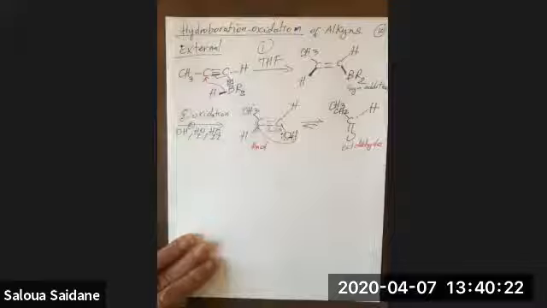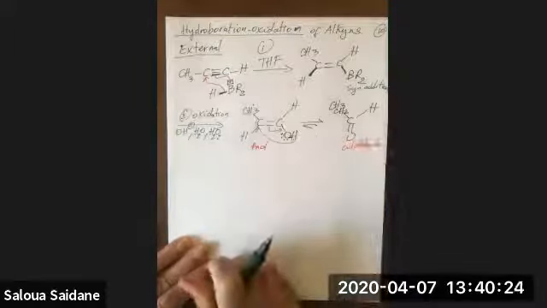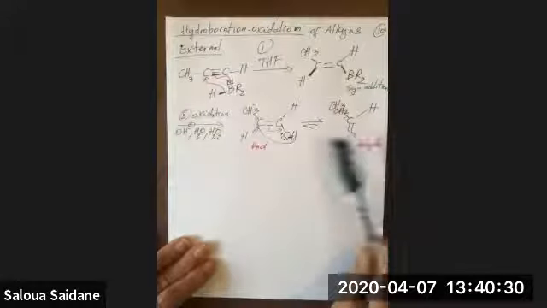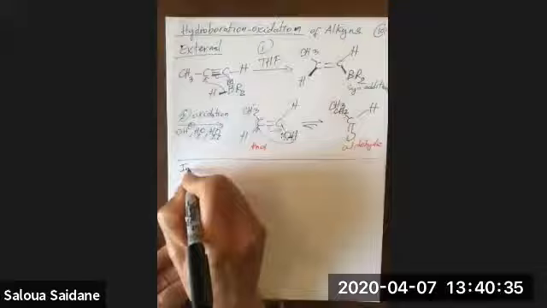So you end up with an aldehyde. In the previous scenario, when we added water, we didn't get an aldehyde, we got a ketone. Now, what if it's internal?